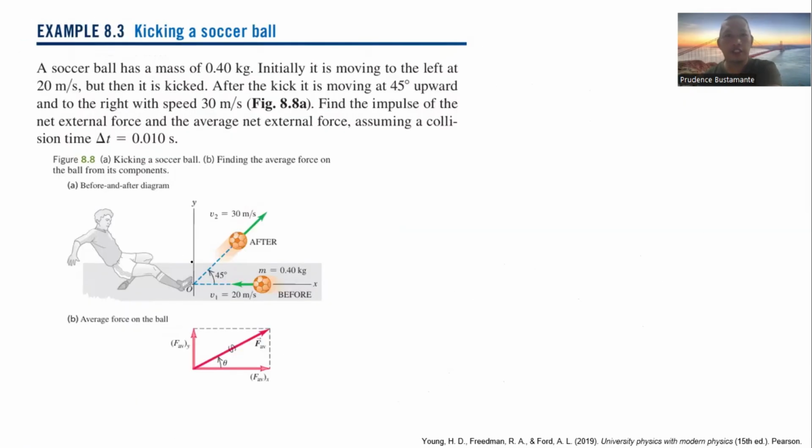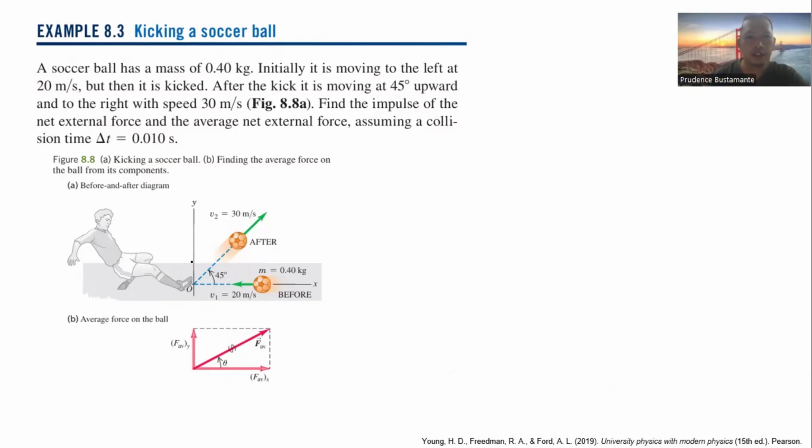How about a two-dimensional problem? Here, kicking a soccer ball. This is a two-dimensional problem. A soccer ball has a mass of 0.40 kilograms. Initially it is moving to the left at 20 meters per second, but then it is kicked.